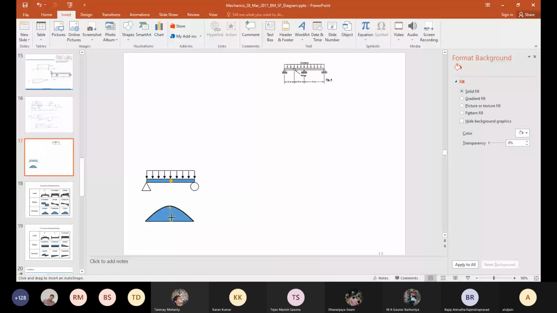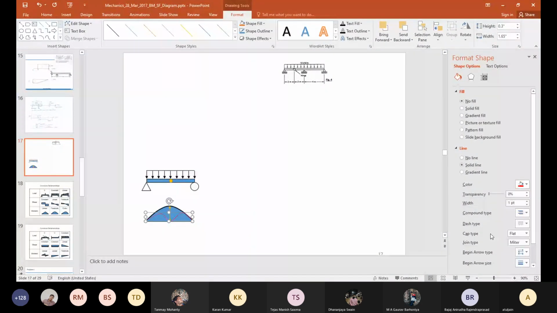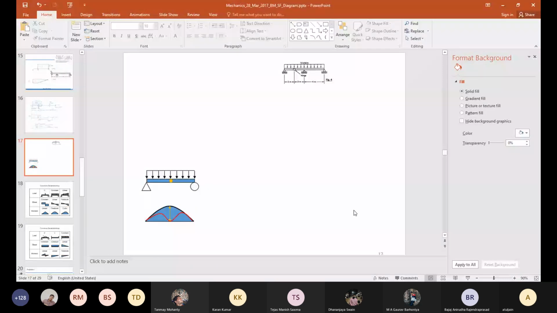It is actually going to look like this. It was this blue figure to start with, but by introducing a hinge, you can imagine that we are trying to pull down the bending moment to be zero at the hinge. So now the bending moment diagram is going to look like this red line.